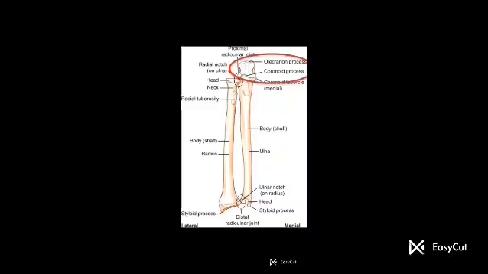The first is called the coronoid process and the second is called the olecranon process. As we have learnt, the coronoid and olecranon processes get articulated in the coronoid and olecranon fossa of the humerus. So this was about the radius and ulna.